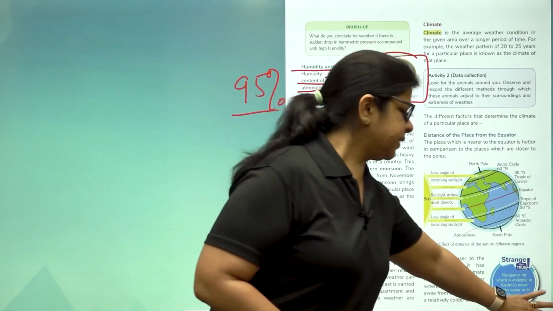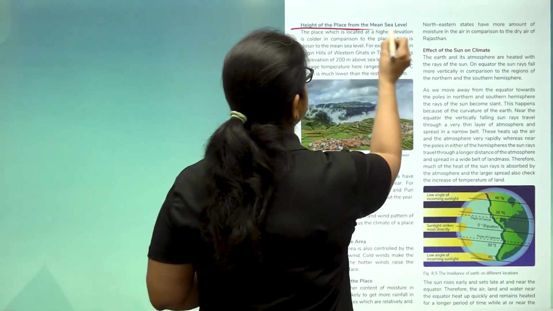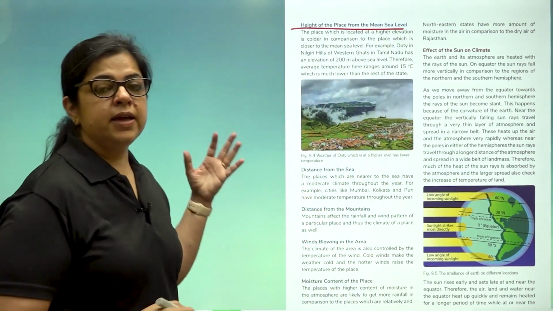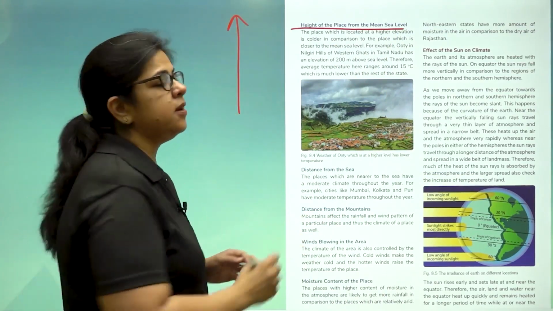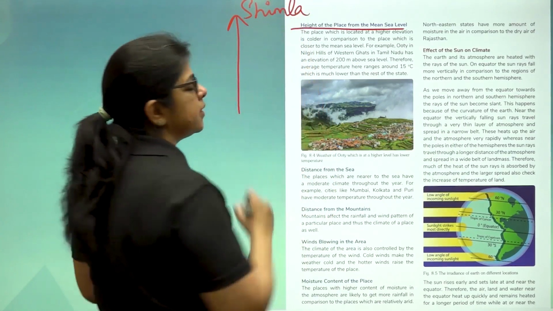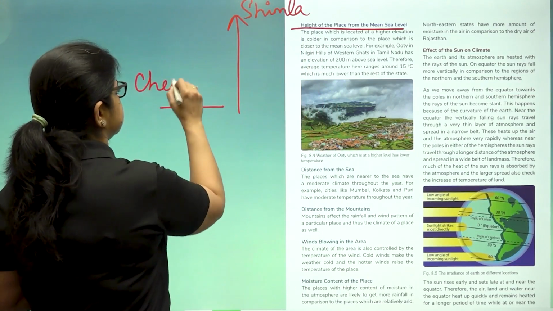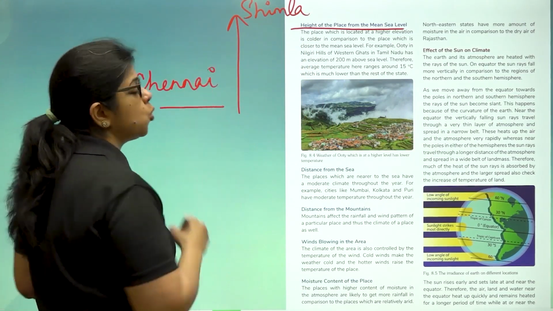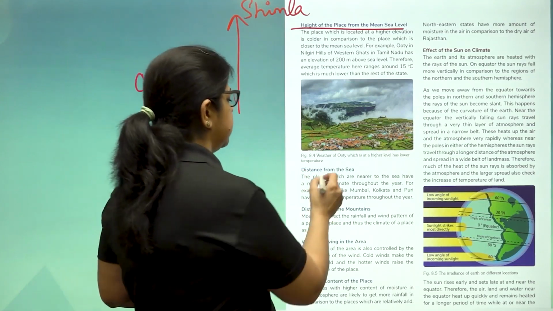Similarly, the other factors that affect the climate of an area are the height of a place from the sea level. If a place is higher up from sea level, like Shimla again, it is going to be less hot. And Chennai, which is at sea level, is a coastal city, so it is going to be very hot and humid.